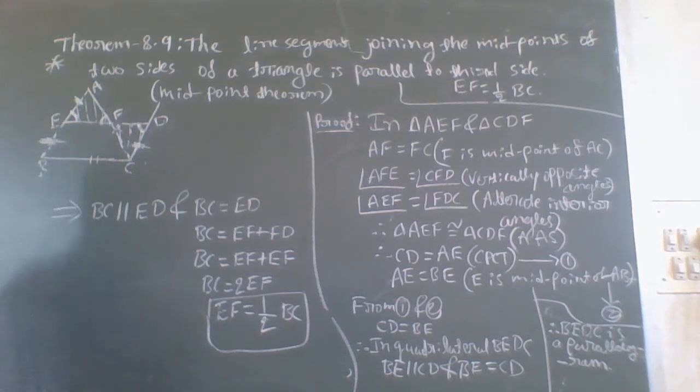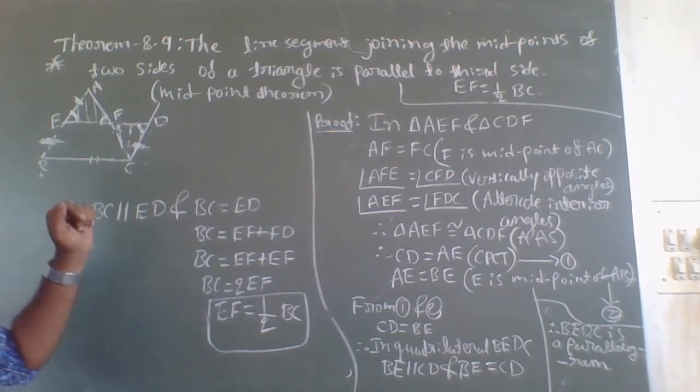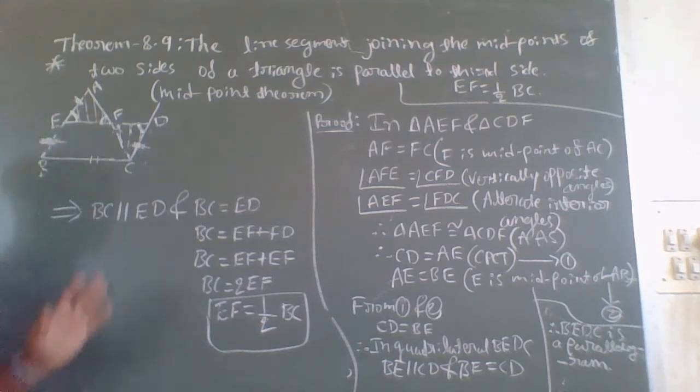What is this? Listen carefully again. The line segment joining the two midpoints is parallel to the third side, meaning BC. So they are given ABC is a triangle and E, F are midpoints of AB and AC. So we have to prove this EF is parallel to BC.